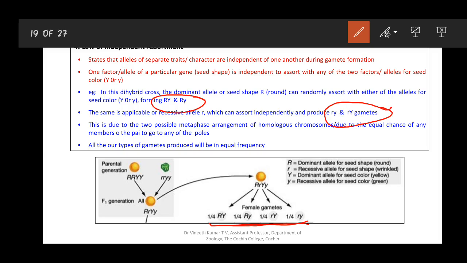Just keep this in mind. The capital R allele can pair with either capital Y or small y. This independency, that capital R can go either with capital Y or small y, is what is called the law of independent assortment.